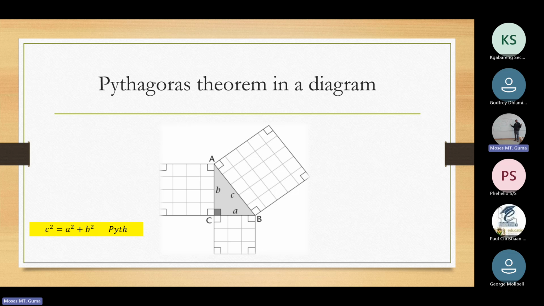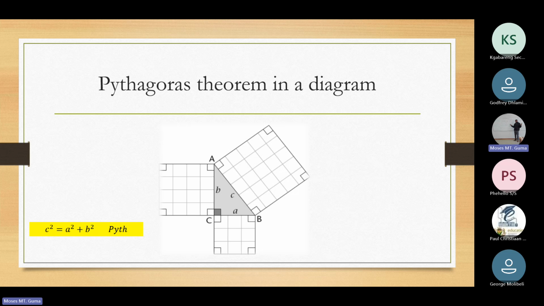When we count these together with these, we must get 25. Let's count: 1, 2, 3, up to 25. That means this theorem is spot on.